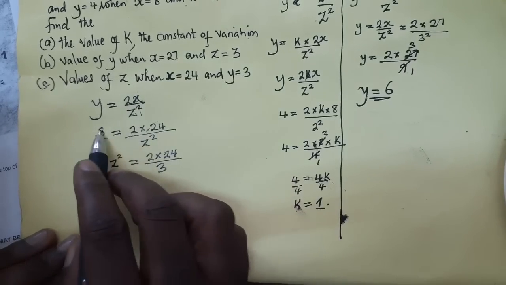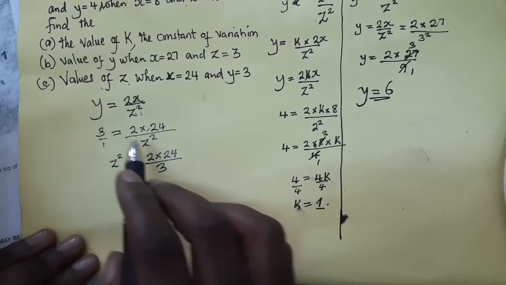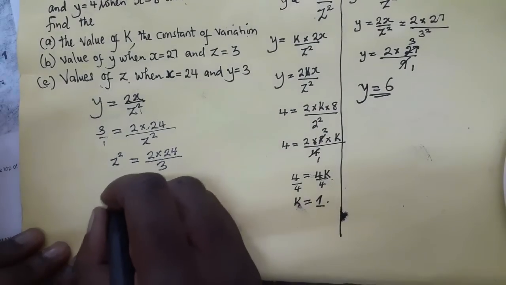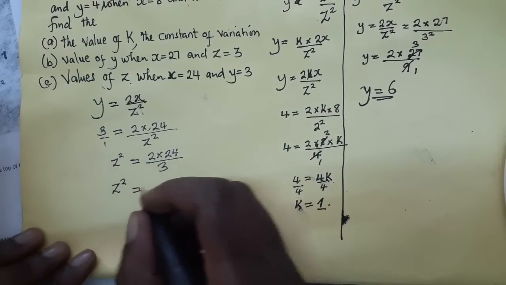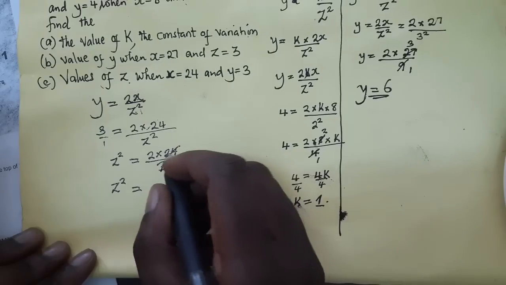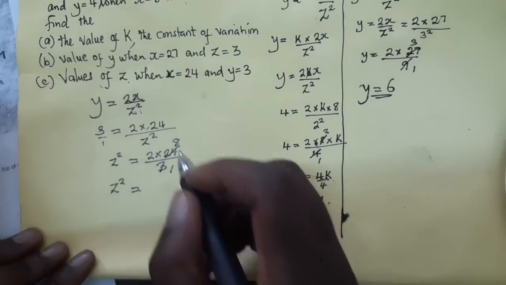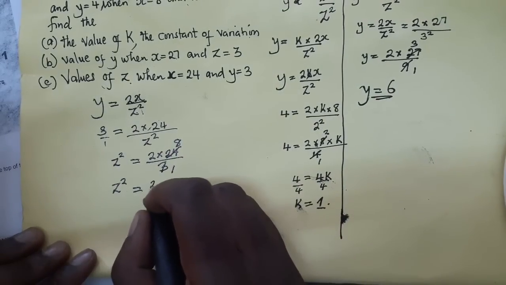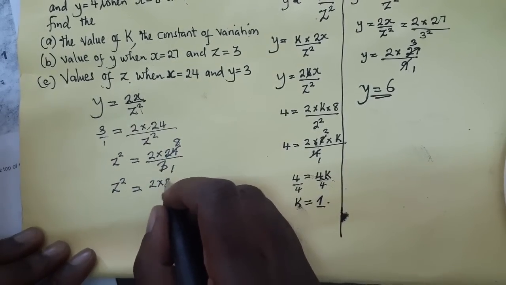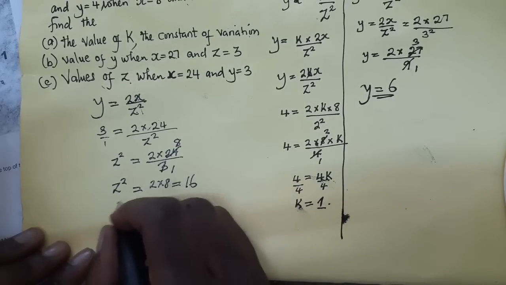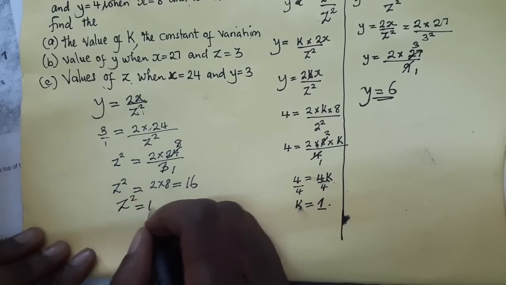These will switch positions. Z squared will come here, 3 will come down there. So I go down, say z squared is equals to 3 here, 1. 3 here, what do we get? 8. Okay, so we have 2 multiplied by 8, which is equals to 16. So z squared is equals to 16.